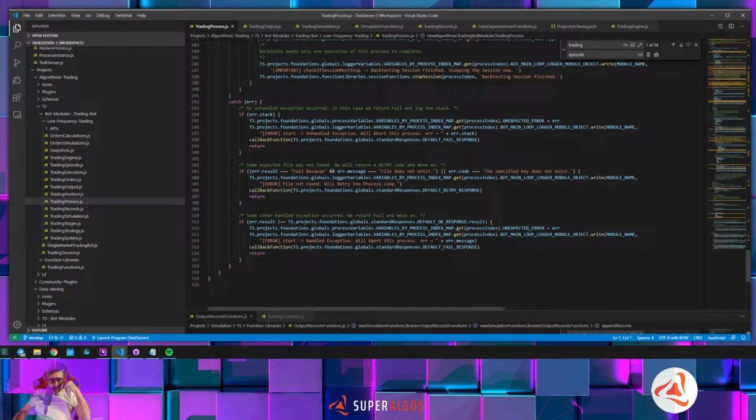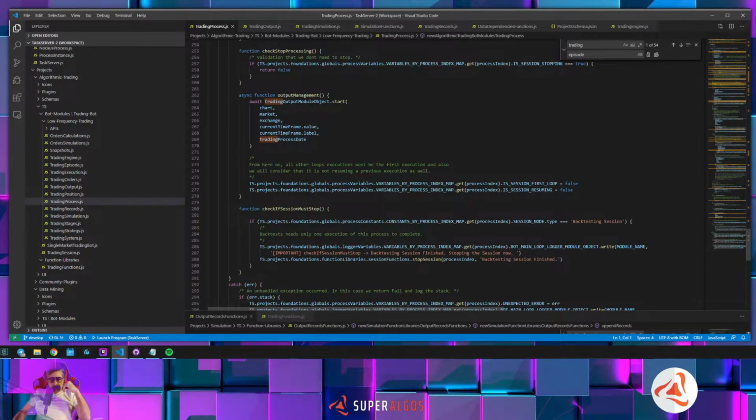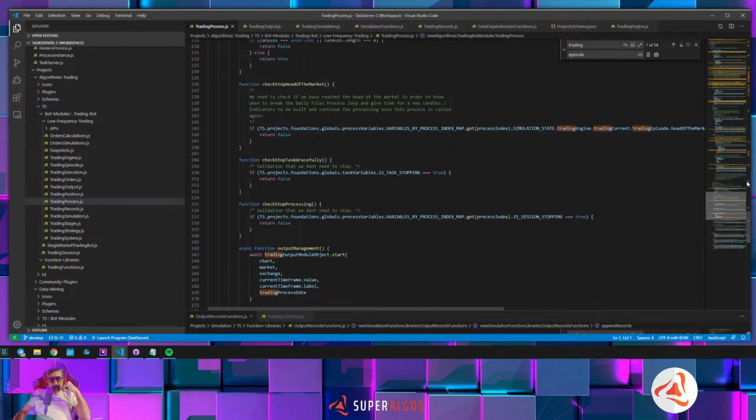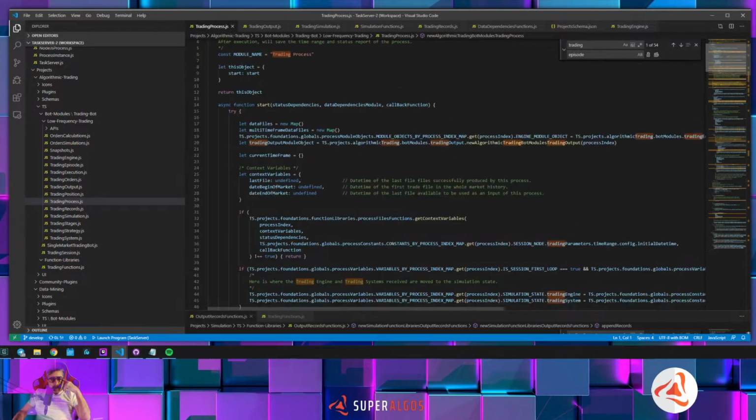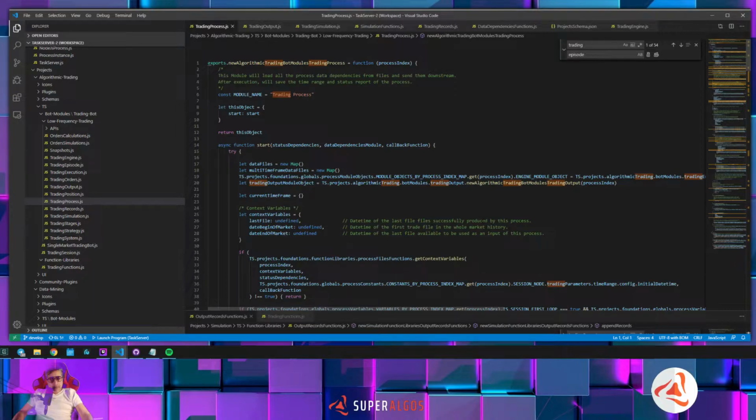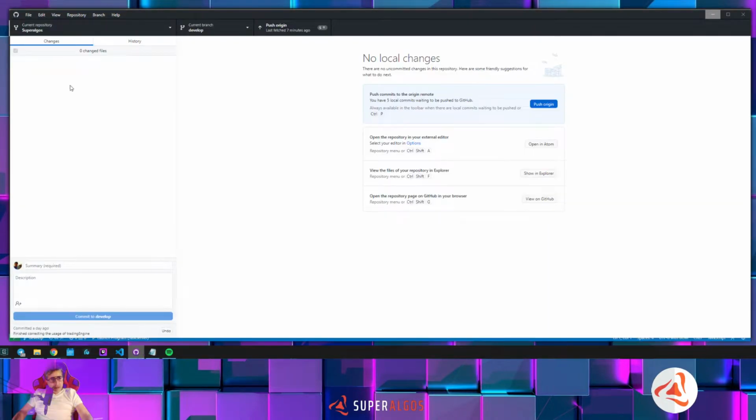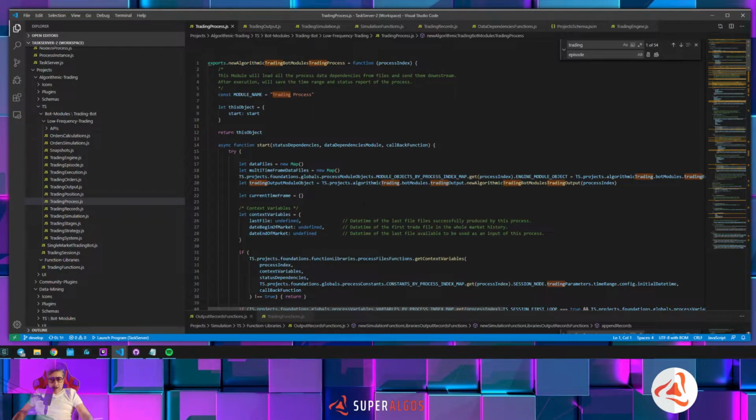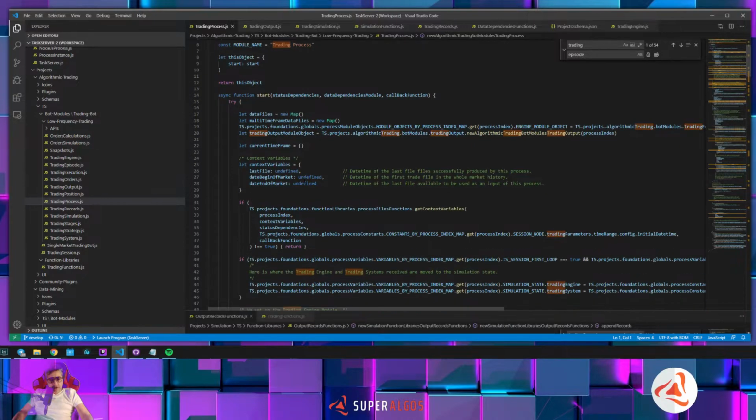It doesn't seem to be that big, and let's check it out to see what it's actually doing. Before I forget, I need to be sure that I don't have uncommitted changes, because I'm going to start changing this stuff soon. So this is the trading process.